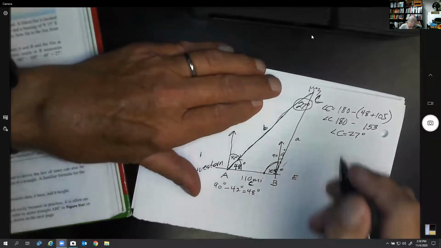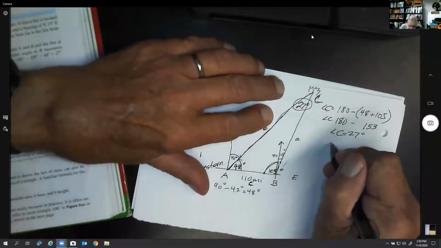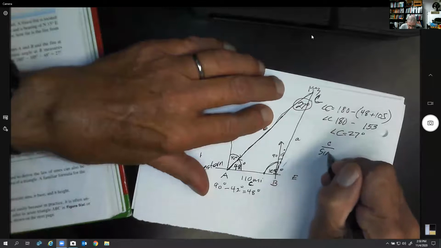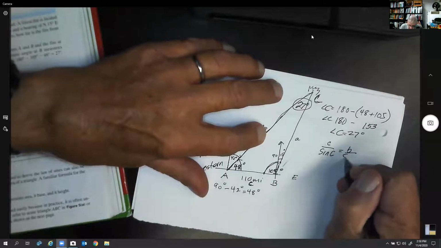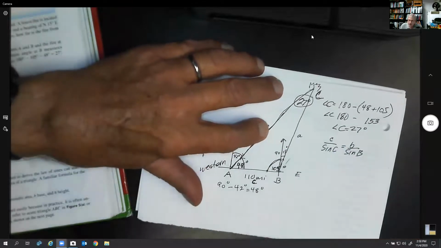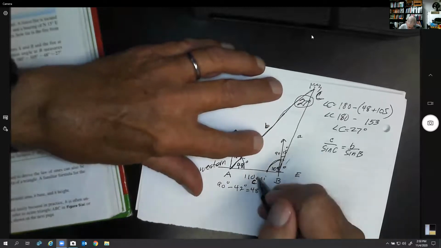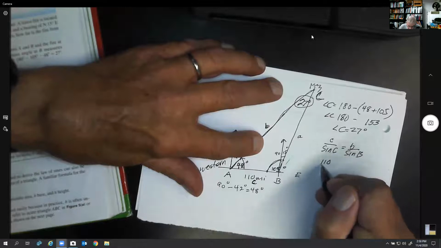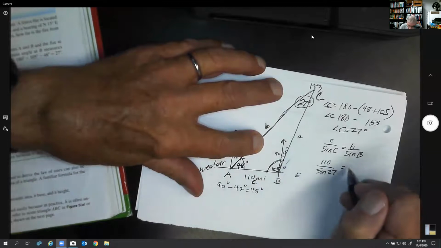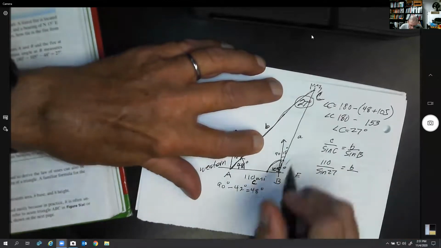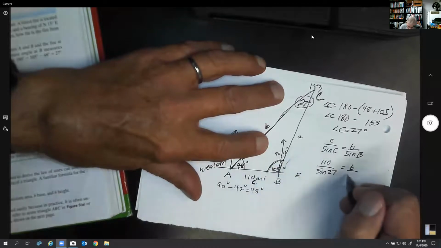So this is going to be our formula: small c over sine of C equals small b over sine of B. So small c is 110 over the sine of 27 equals small b, or side b, over the sine of B. B is 105.